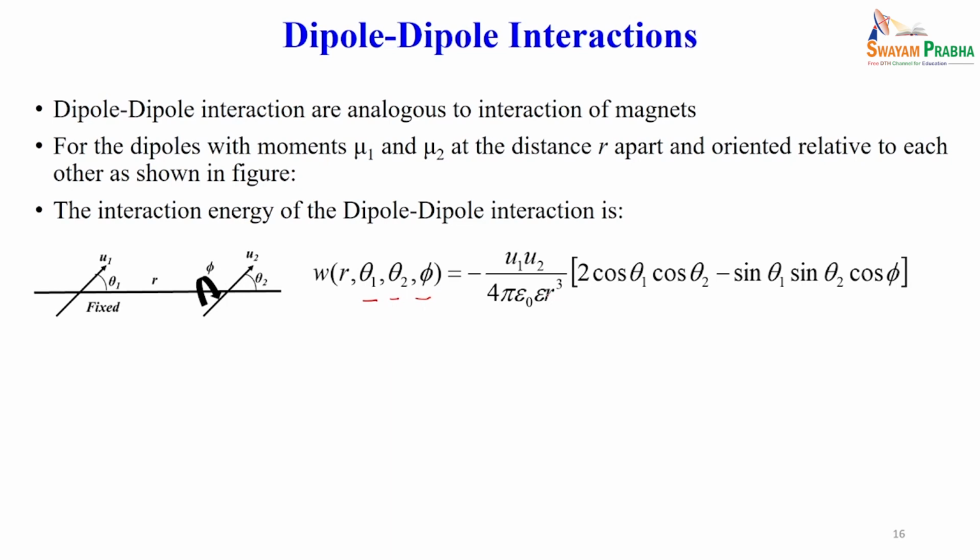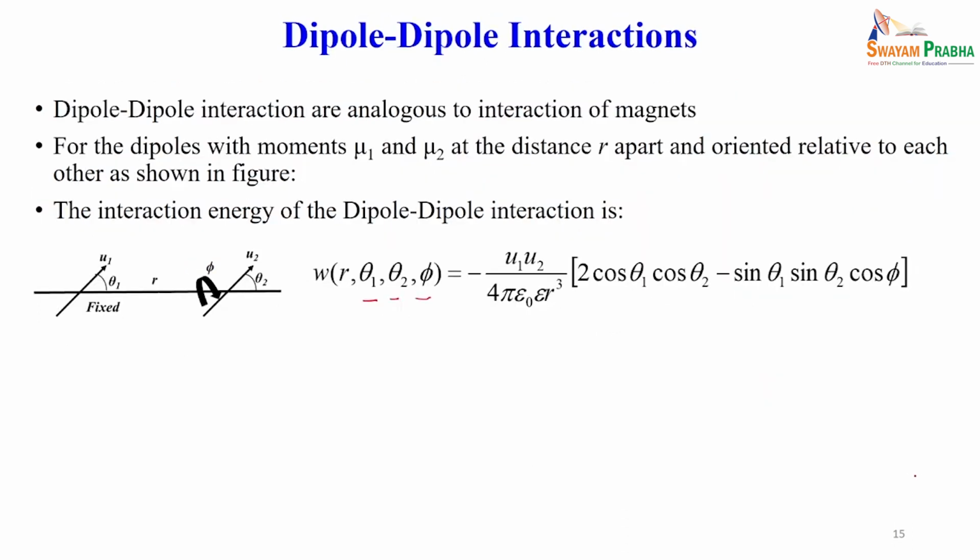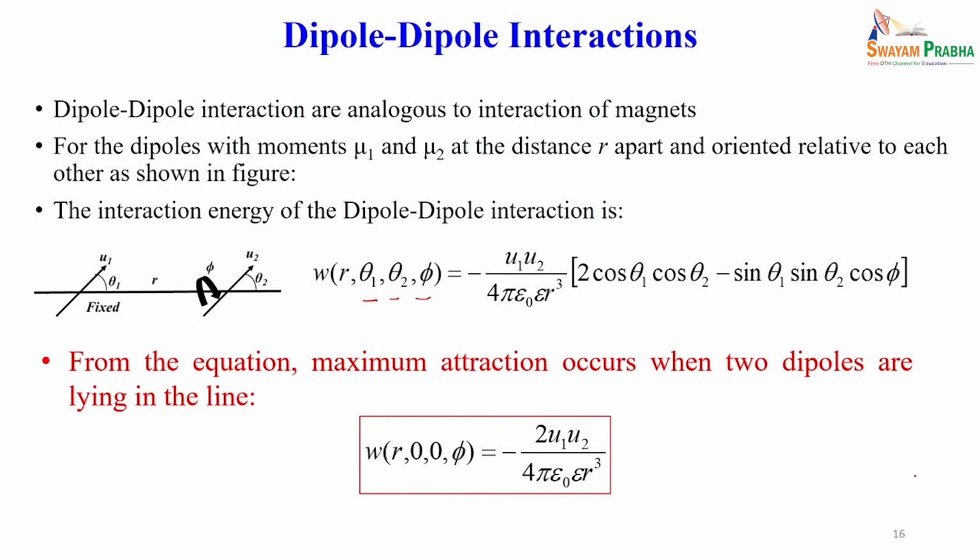In the previous expression, if you just see this r cube. Now, this is a function of cos theta 1, cos theta 2, sin theta 1, sin theta 2 and cos phi. So, this is the expression of dipole interactions. So, here what we are seeing is, one r is coming from here, the other r is coming from here and one r was already there.